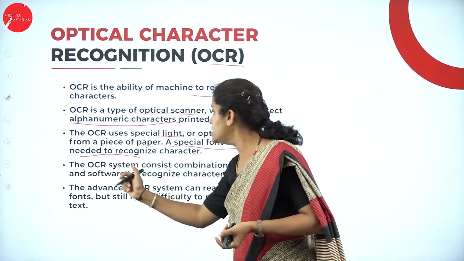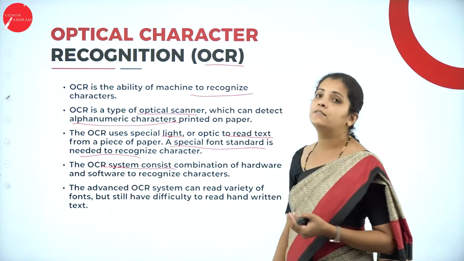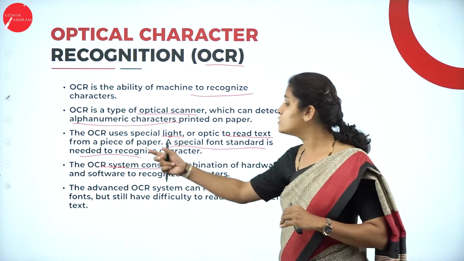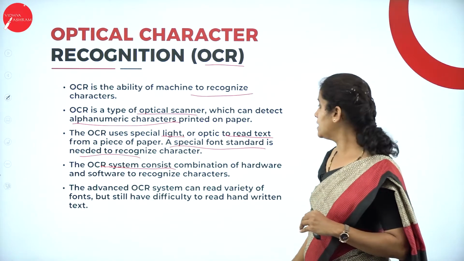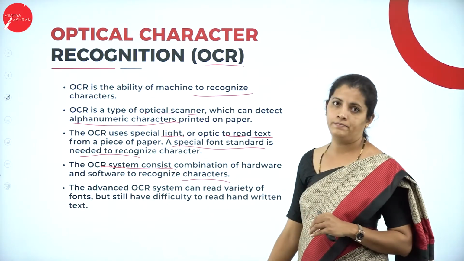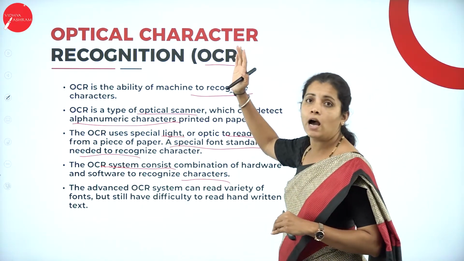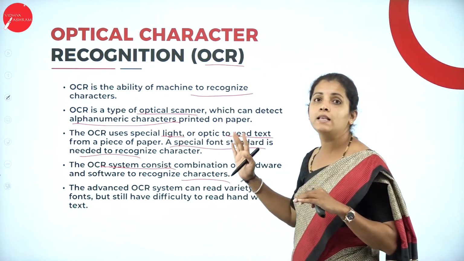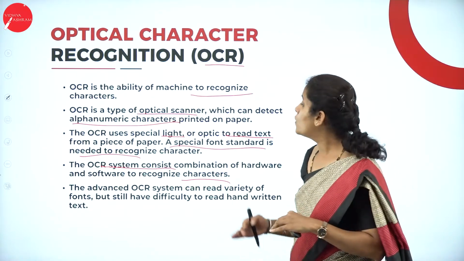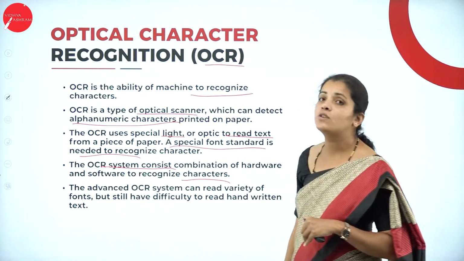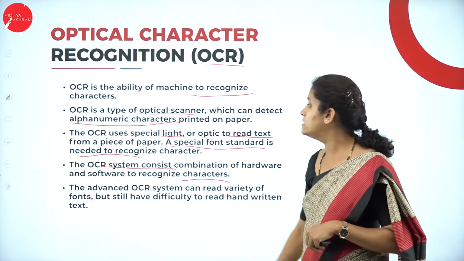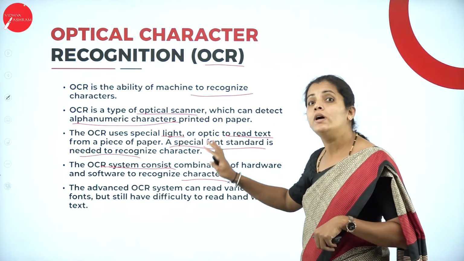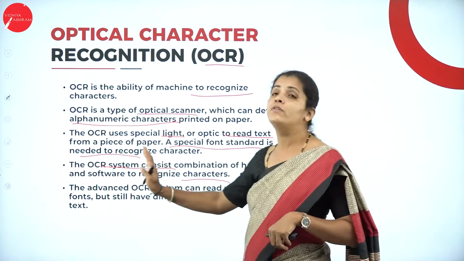Next, the OCR system consists of a combination of hardware as well as software to recognize the characters. Then what are the advantages of OCR? The advanced OCR system is able to read a variety of fonts.